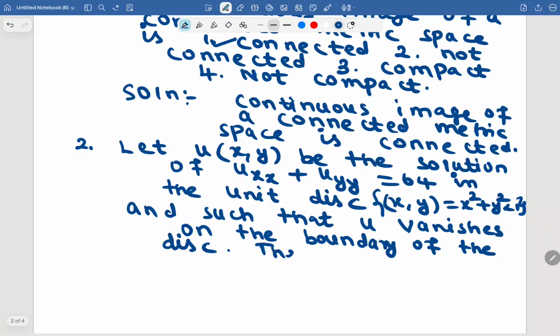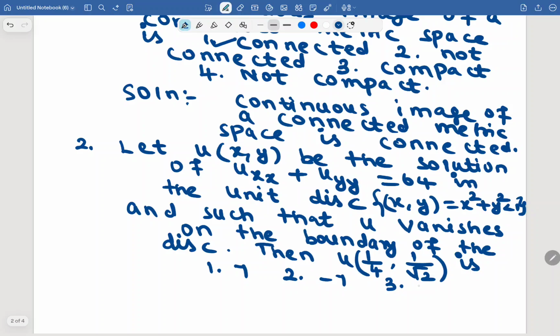Then u of 1 by 4, 1 by root 2 is: option 1, 7; option 2, -7; option 3, 16; option 4, -16.